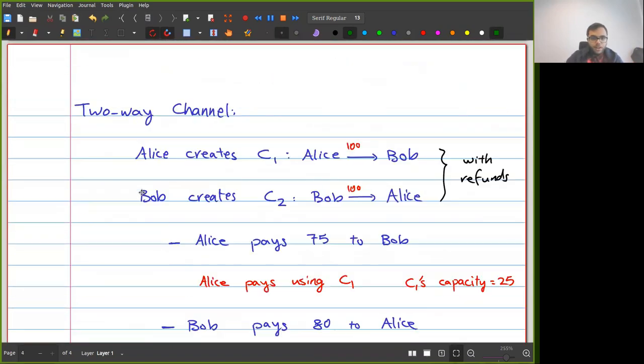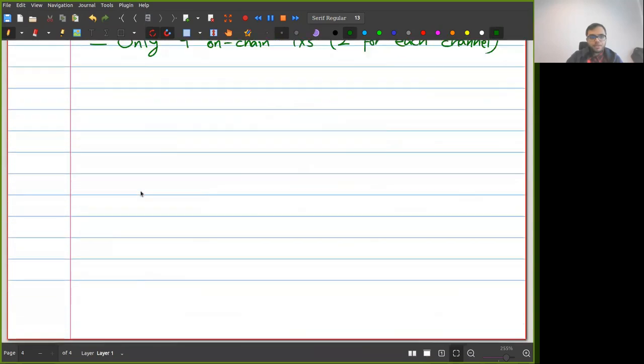Okay, so we're almost running out of time. I just want to say one last point here. This is not really a topic that we will cover in this course, but this idea of payment channels is the main underlying idea for layer 2 payment protocols.